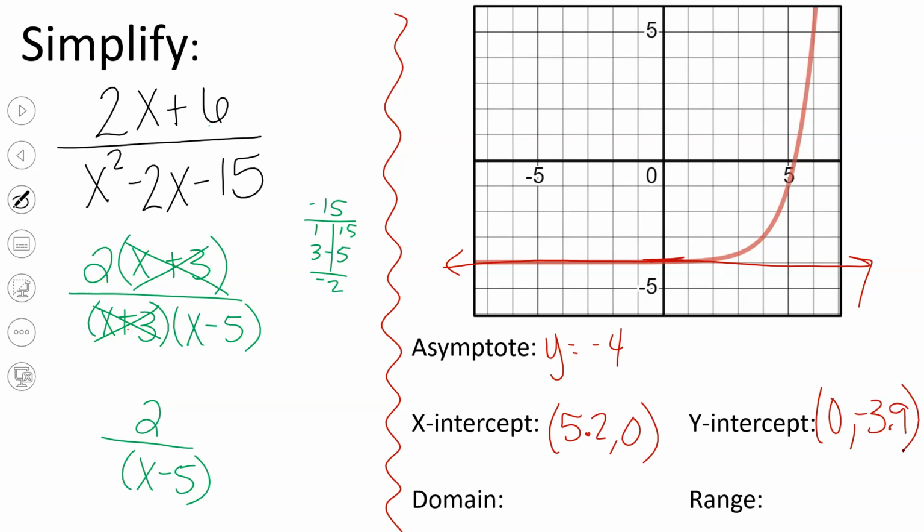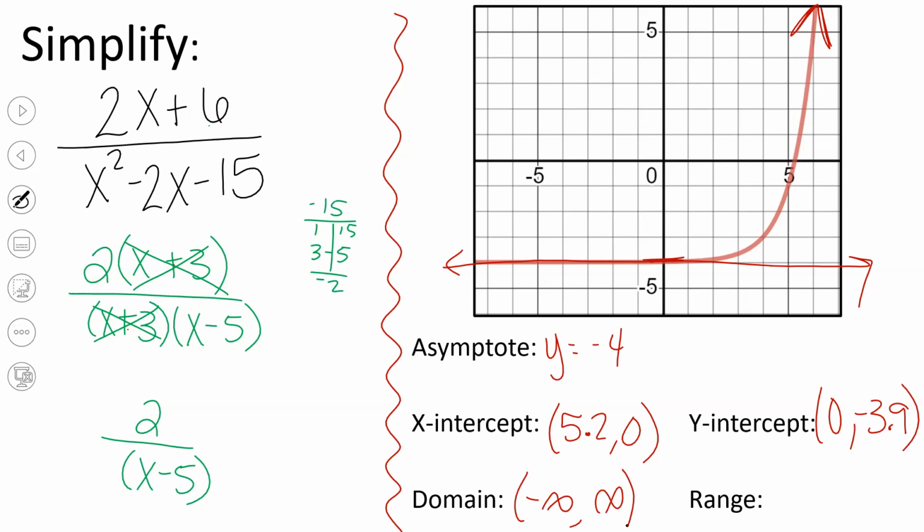Okay? My domain. Which way does domain go? Left to right. If I start at the left, what am I going to get to first? Negative infinity. And my graph is way up here, but I don't care that it's pointing up. What do I care that that graph is doing? Going right, which means, okay, positive infinity.